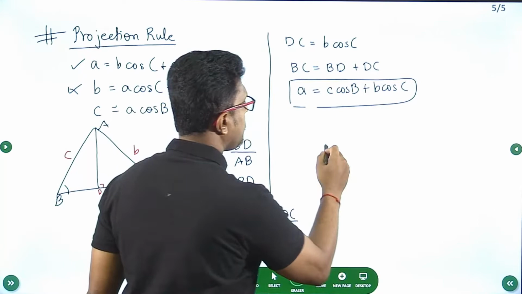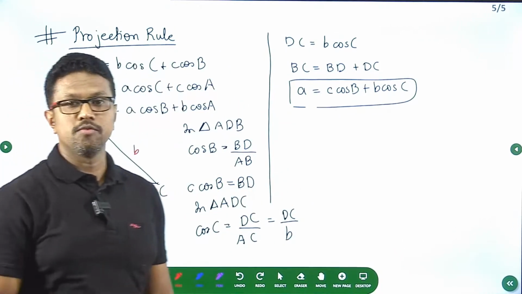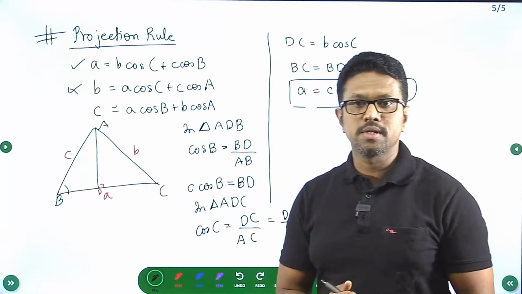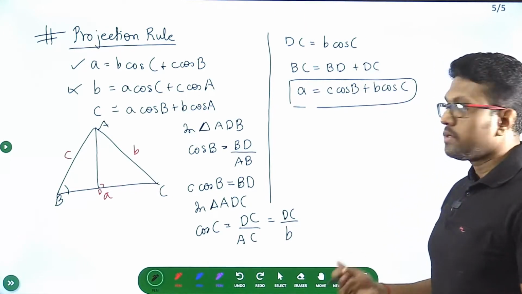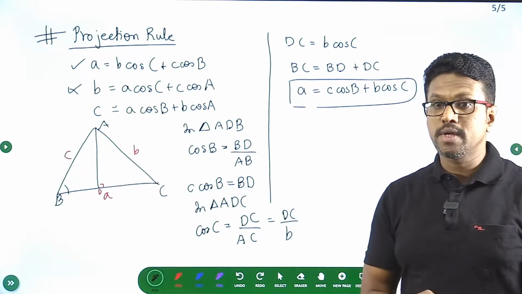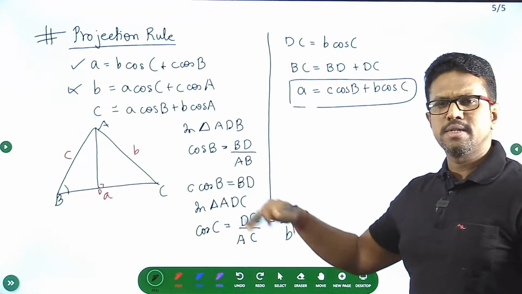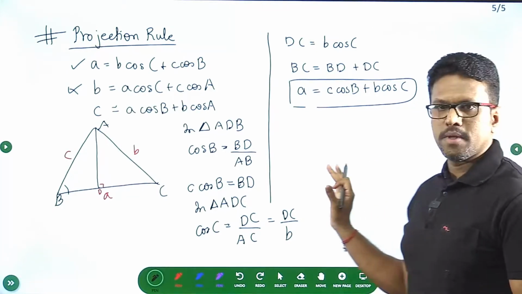We can prove for A, B or C, whichever part we want, and easily get the proof. So this is done for a equal to c cos B plus b cos C. Of course, we can solve it for an obtuse angle triangle also, but again we will have to take 180 minus theta, so cos minus C will come on the other side. Again, this proof part becomes quite easy.